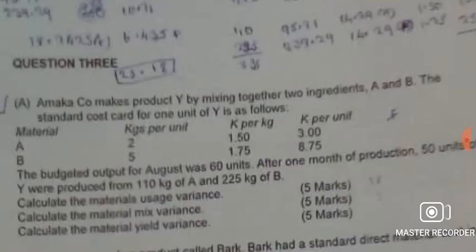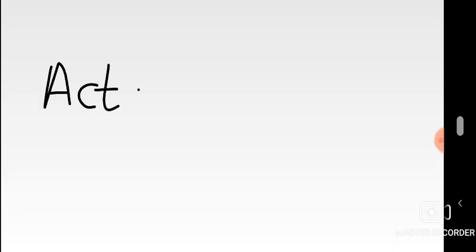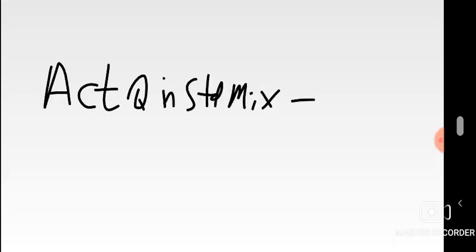Yield. How do you calculate material yield variance? Well, let me do the same thing. I show you the formula, then thereafter we get to calculate this material yield variance. So material yield variance, what's the formula? The formula is again actual quantity in standard mix minus standard quantity.